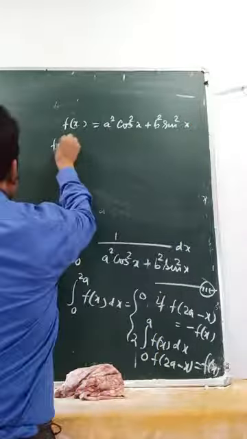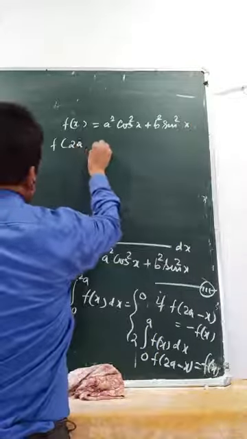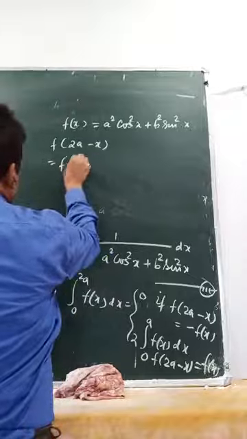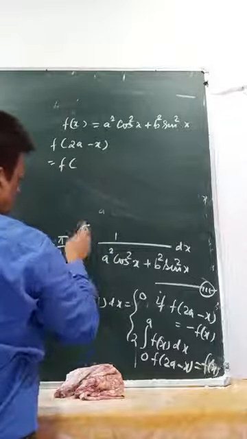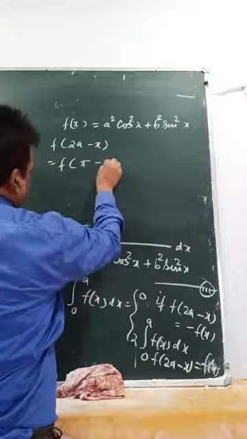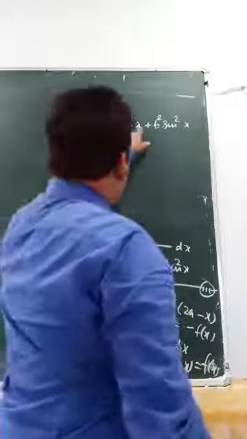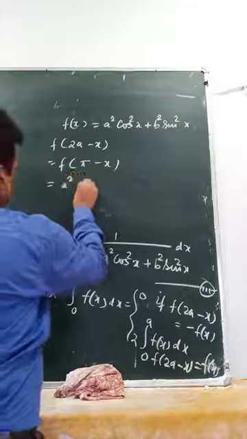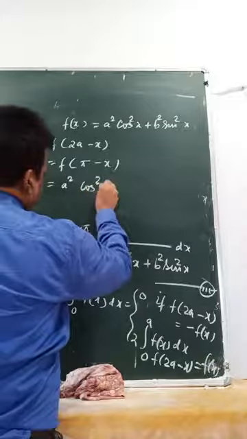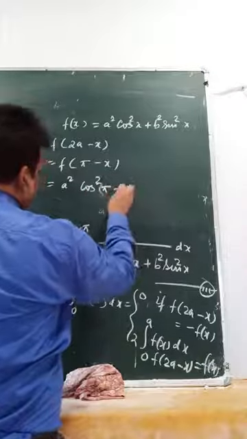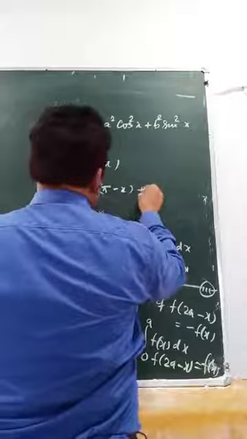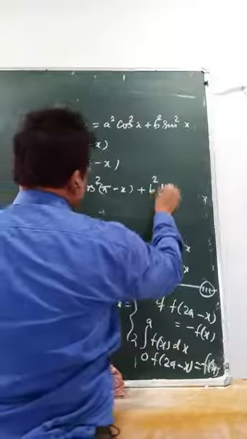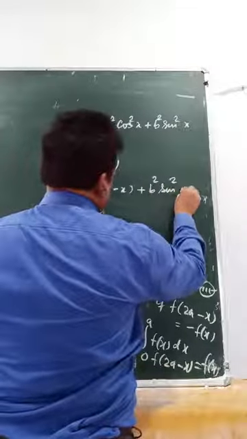So f of 2a minus x means in place of 2a, pi minus x. So everywhere you write pi minus x. That is a square cos square pi minus x plus b square sin square pi minus x.